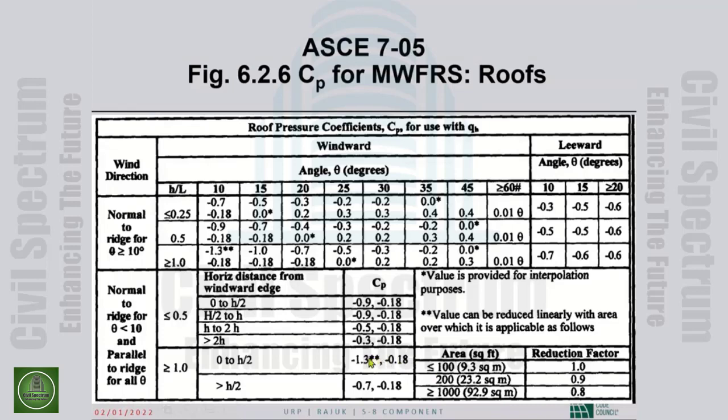That's what the double asterisk tells you. Value can be reduced linearly with area over which it is applicable. So if the area over which the 1.3 applies is 100 square meters or smaller, then there is no reduction. But if it is 1,000 square feet or more, you can take a 20% reduction. So that is not a fixed 1.3. It will be 1.04 when you have the wind acting over 1,000 square meters or more.